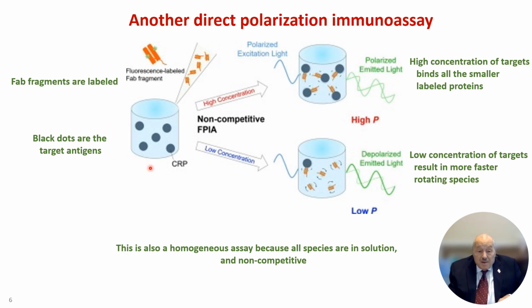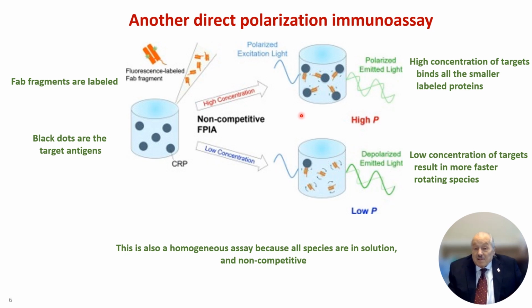So here we have the black dots are the antigens, and let's say we have no antigens in the solution, or very few. So we come down here and we see most of our labeled antibodies are free in solution, rotating quickly, a low polarization. Now, if your sample has a lot of antigens in it, what happens is it binds up most of these labeled FAB fragments.